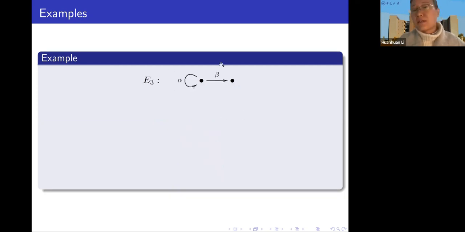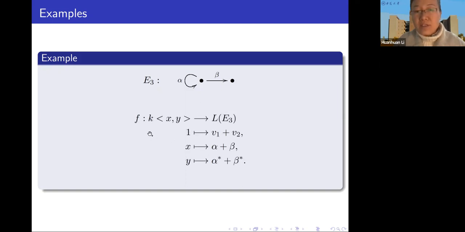And for the third graph, it has 1 loop and there's 1 edge starting from the first vertex also. We can first construct an algebra homomorphism from the free K-algebra with 2 variables x, y to the Leavitt path algebra for this graph.